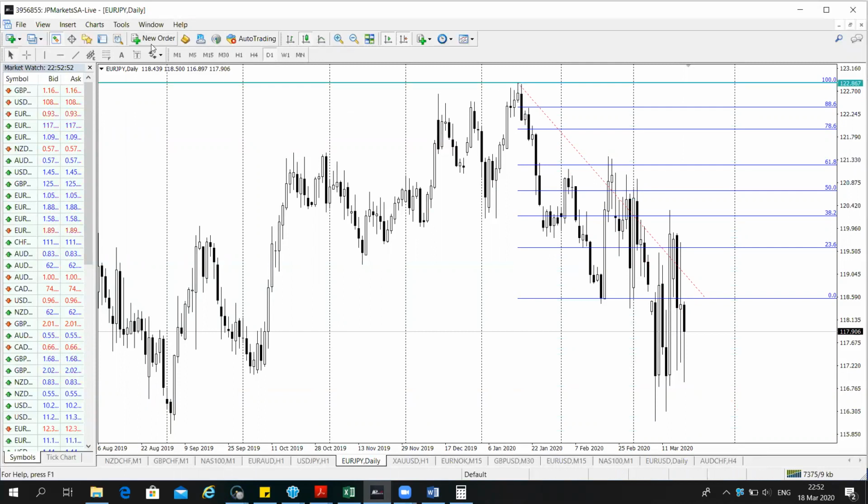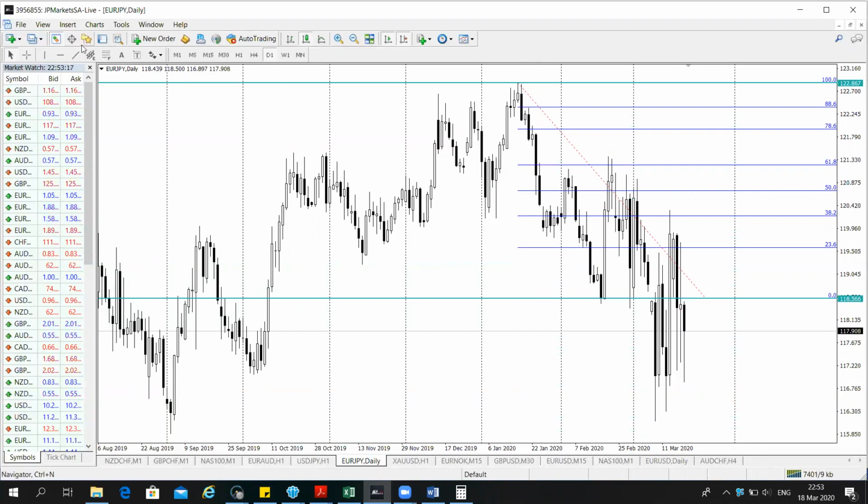This is the 100 level where we start, and where we end is the 0 level, in a bearish direction. When we have a bearish trend line, you drag your Fibonacci from the top to the lower low, or the support that was created. So you have to identify it that way.